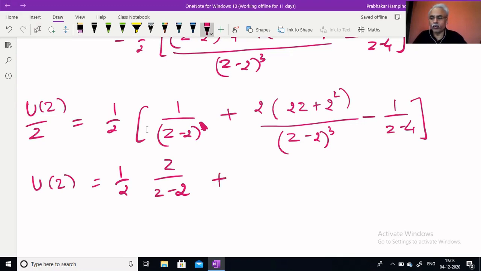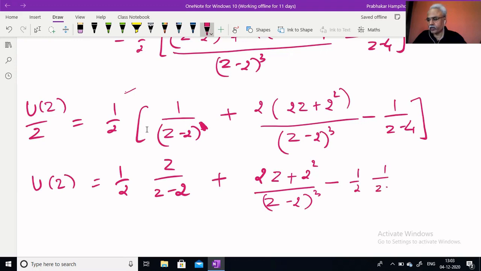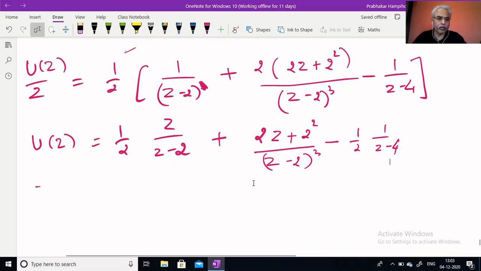Second term, if you multiply and divide this half and 2, you will get 1. So this purely looks like az plus a square divided by z minus a whole cube. This next one is half of 1 upon z minus 4. So totally now it is ready to take inverse z transform. Z inverse of each term, taking inverse z transform, you can write down this.